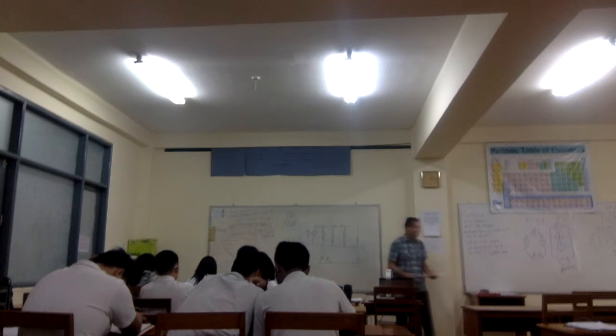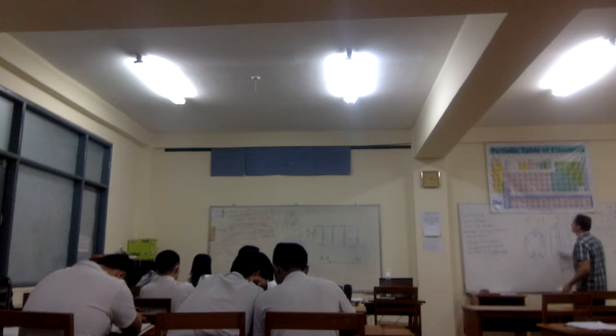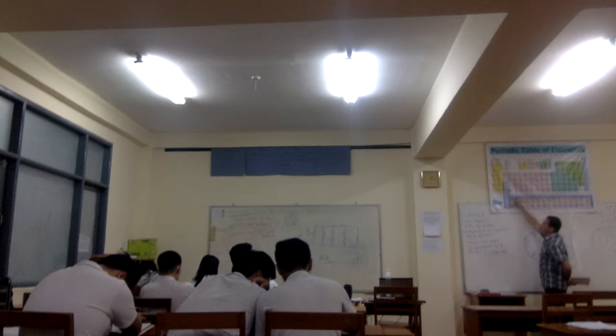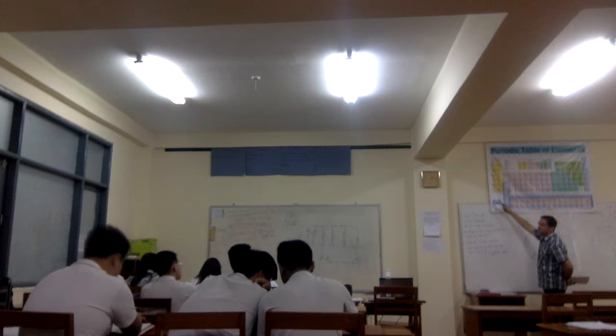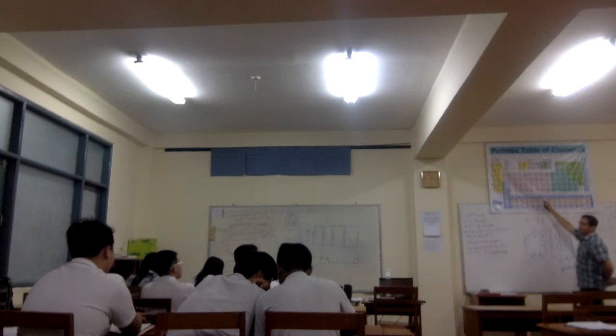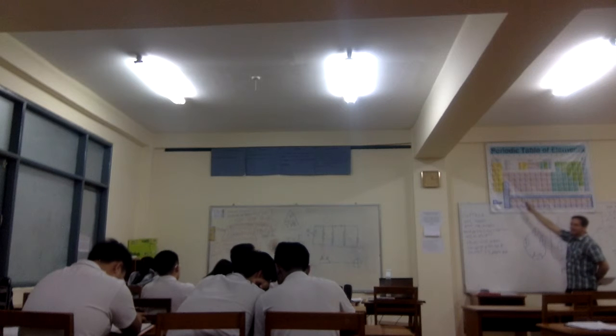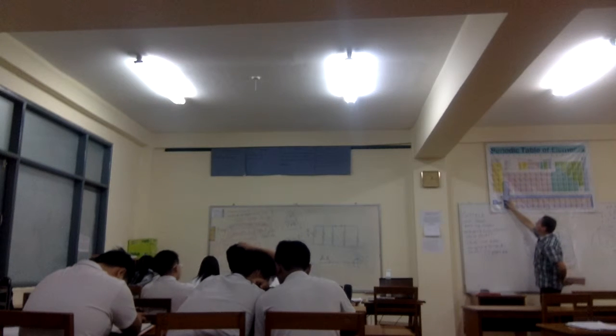So if you were looking at the periodic table up here, what would you call the things on this side? What are these called? Semiconductors. No. What are these called over here?